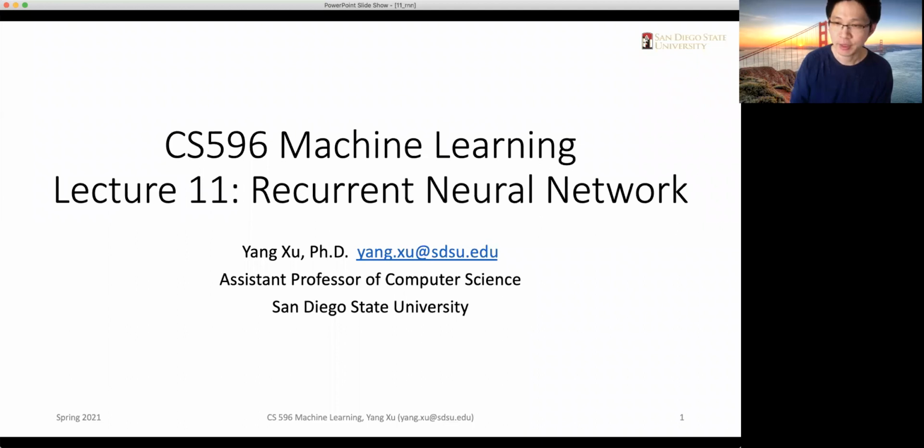Okay, so we have finished the part for convolutional neural networks. We will come back to ConvNets again after we have finished recurrent neural networks. ConvNets will be more useful than simply doing image classification or object detection applications.